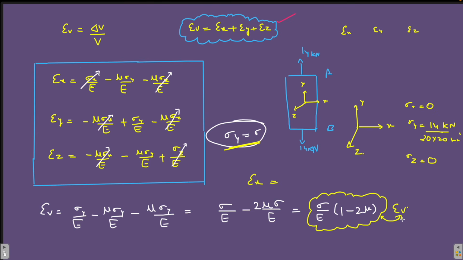So for bar AB, let's do it again. For bar AB, the load was 14 kilonewton, a tensile load. This is load and not the stress. We have to find sigma, that is the stress. So we have to divide this load by the cross-sectional area of the rod in order to find sigma.